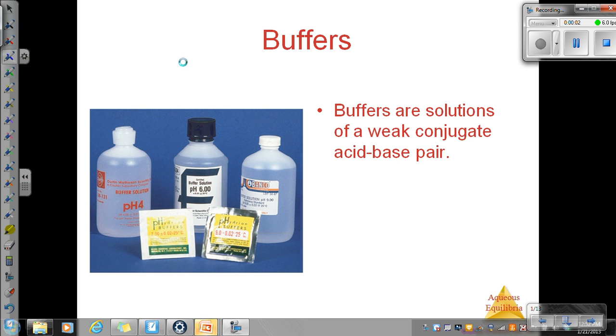This video is going to look at buffers and buffered solutions, which is section 17.2 in your textbook, starting on page 723. Before I start talking about the chemistry of buffers, let me use an analogy that may help them make sense a little bit more to you.